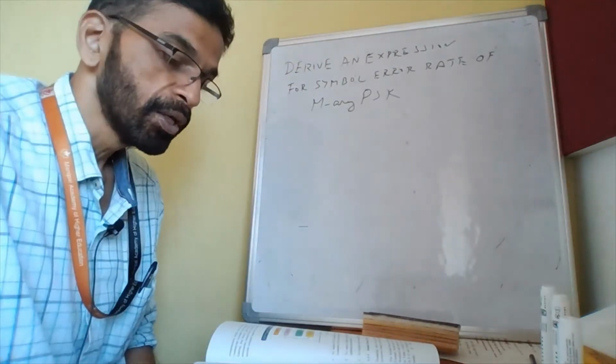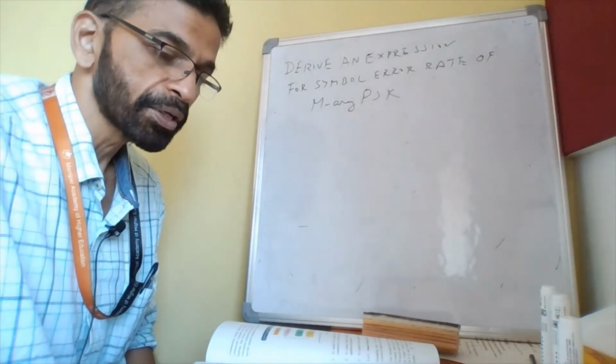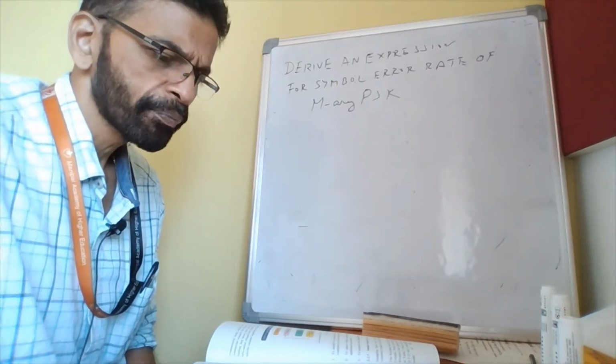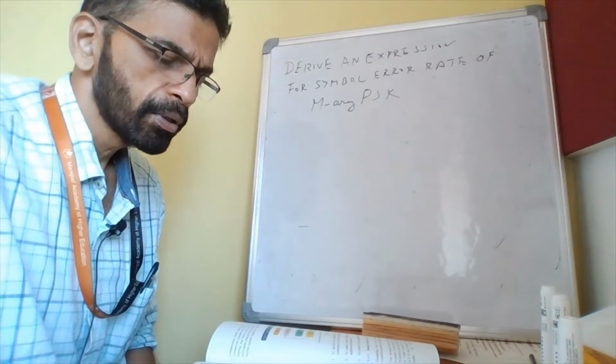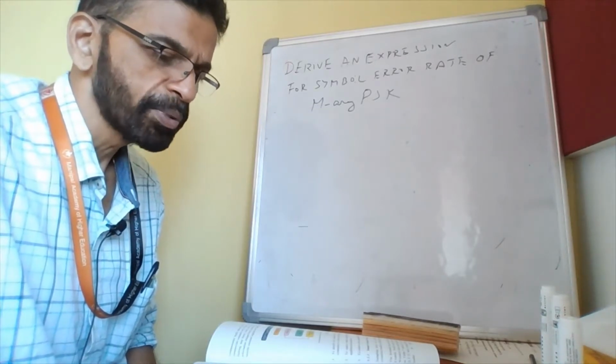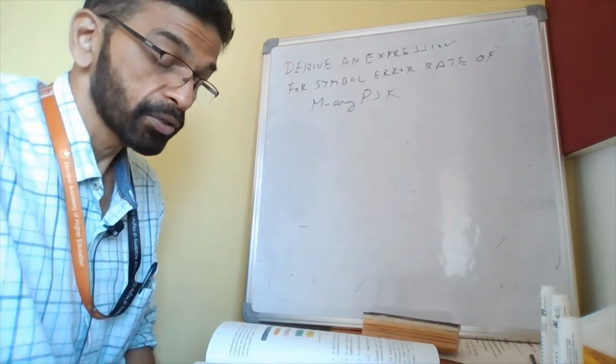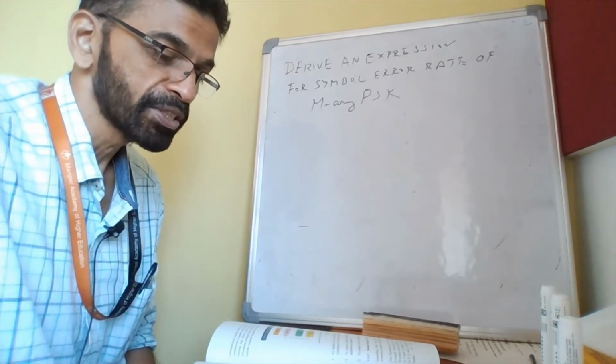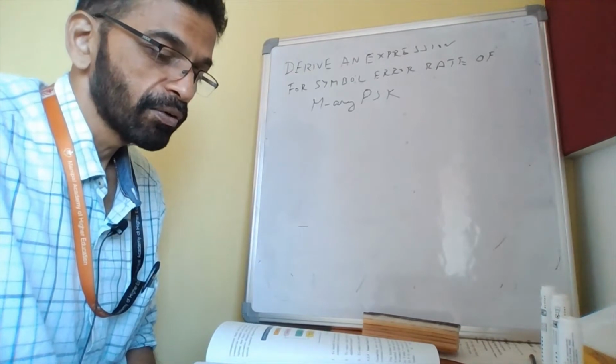If you recall, when we derived the symbol error rate for octal PSK, that is 8PSK, we had used the polar coordinate system, and we had approximated the density function of phi.